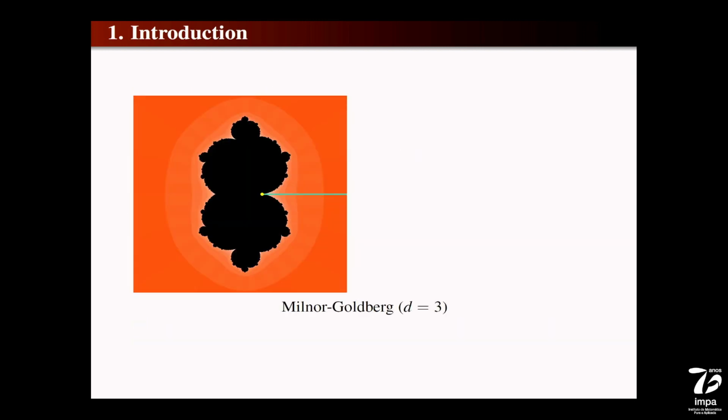So let's take a look at some examples. This is already in a the angle is rational, so we know it's periodic, so we know that, yeah, of course, if theta is irrational, then all bets are off. This example already appears in an old paper of Goldberg and Milnor.